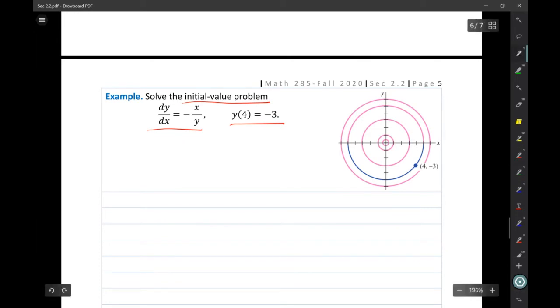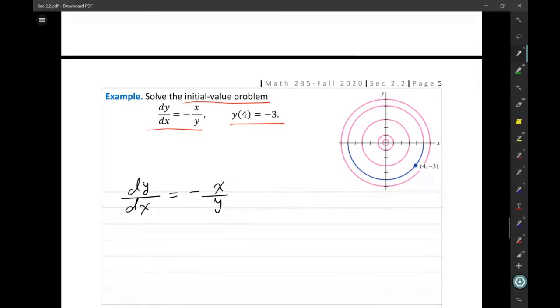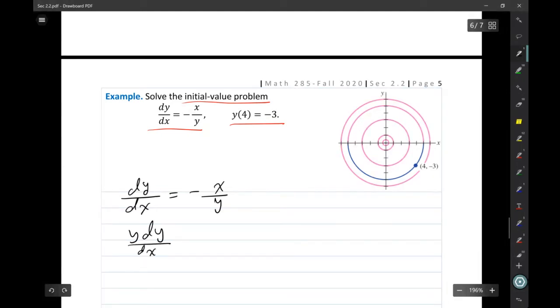Now dy by dx equals minus x by y. If you multiply both sides by y, you will get y dy by dx equals minus x.